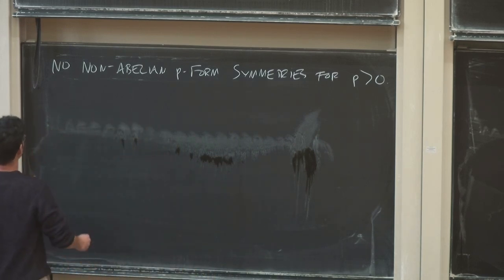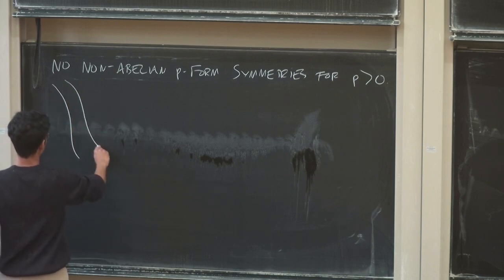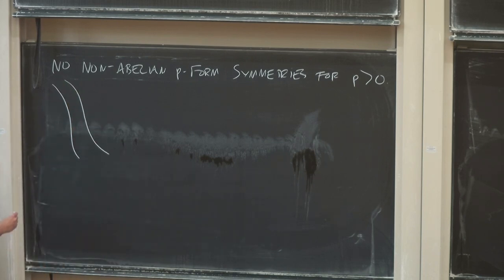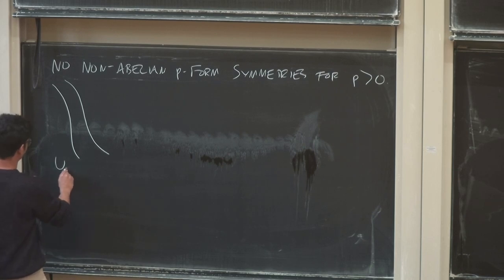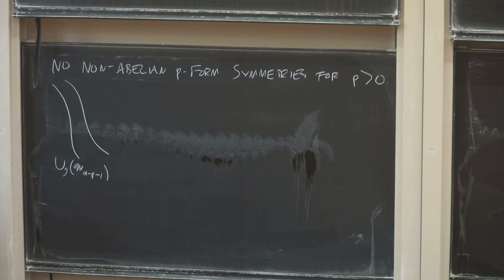In particular, let's try to imagine the group composition law. Imagine that I have a p-form symmetry, which means that I have some sort of charge generator on a d minus p minus 1 manifold. So if I have a p-form symmetry, I have some charge generator u sub g on a codimension p plus 1 dimensional manifold.